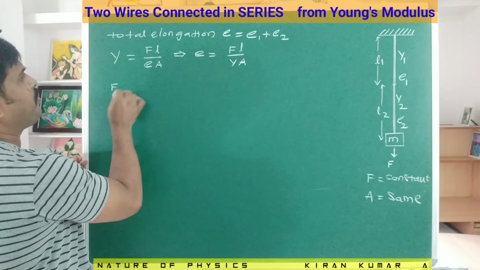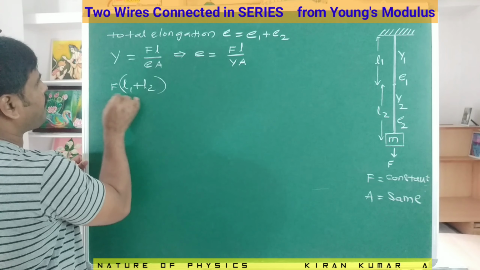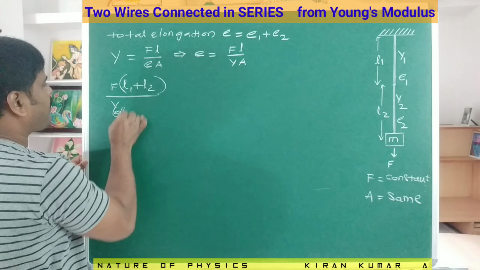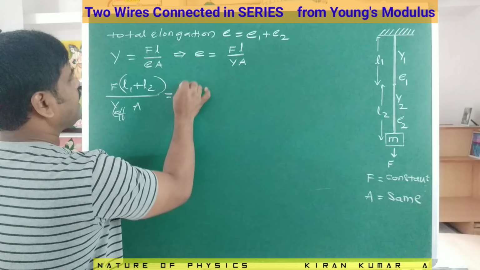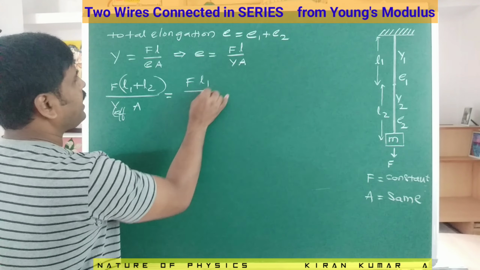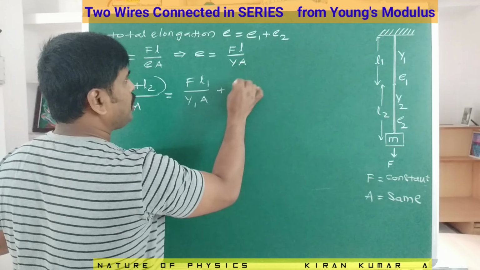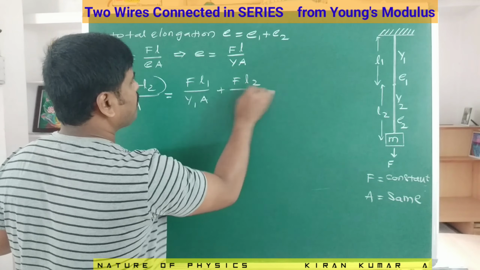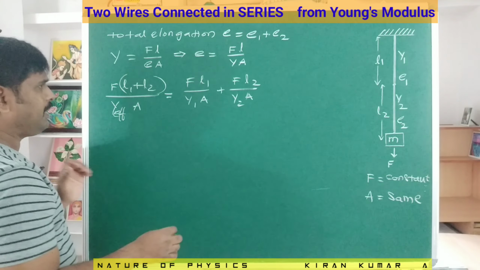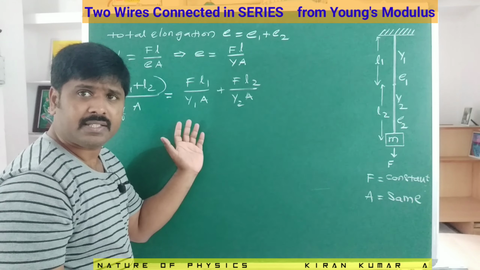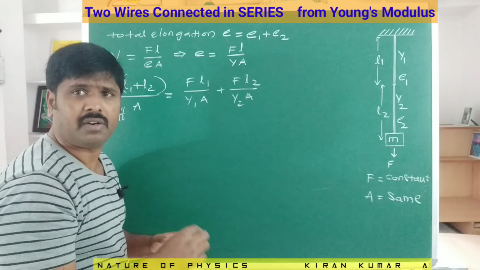Then F(L1 plus L2) divided by Y effective into area is equal to E1, which is F L1 by Y1 into A, plus E2, which is F L2 divided by Y2 into A. In this equation, on the LHS and RHS, F by A is common and constant.